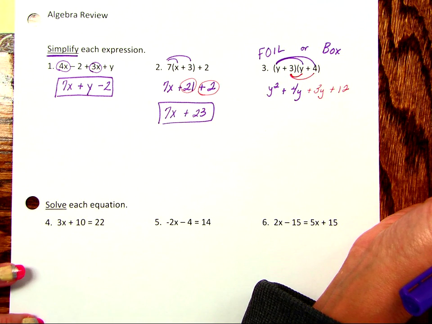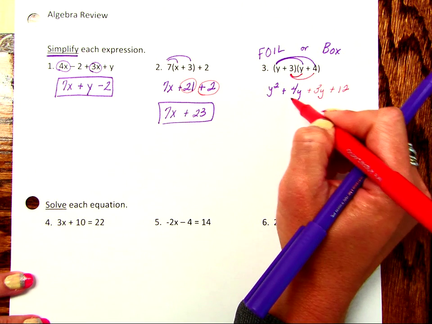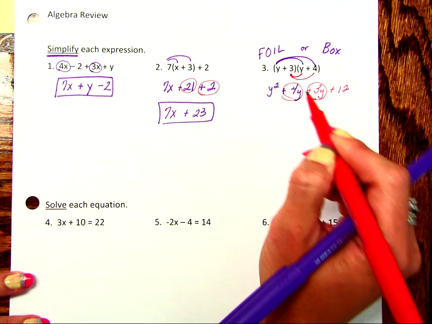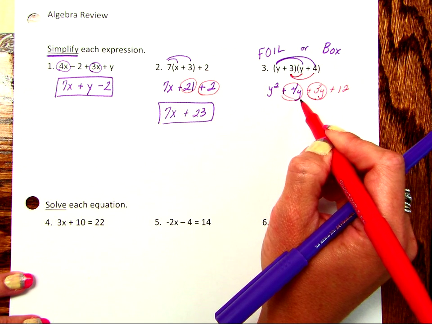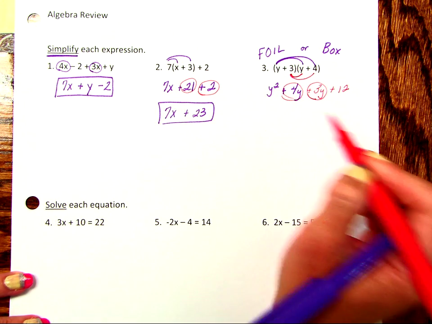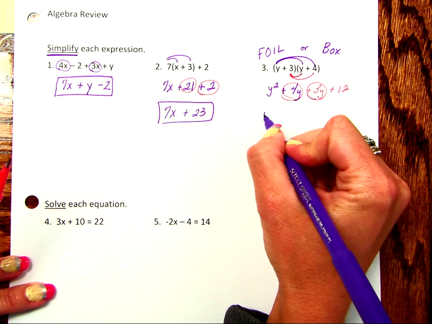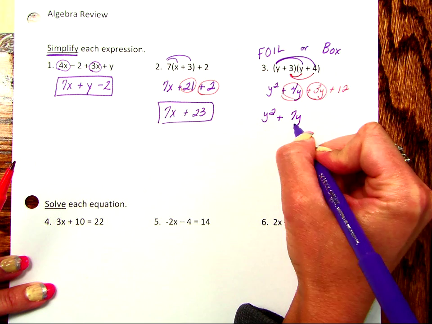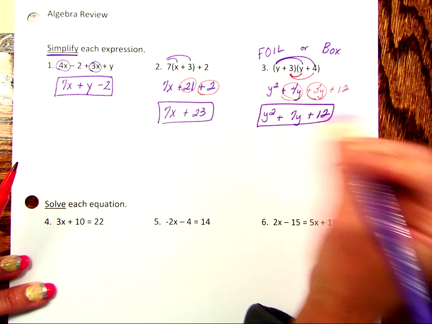Then you want to check to see if there are like terms you can combine, and in this case there are, because I can take a 4y and a 3y and add them together. Now, can I add my y squared with those? No, I can't. A y squared and a y are two different types of terms. I can't combine those. My final answer is going to look like y squared plus 7y plus 12. And that is as simple as I can make that.